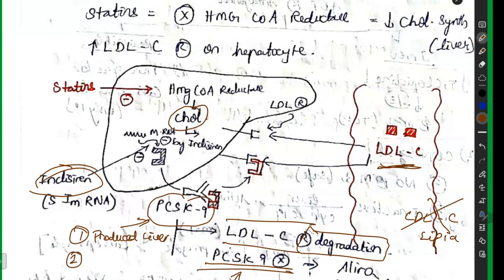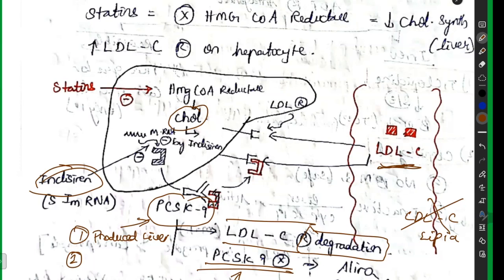LDL is loaded with cholesterol; from all the areas it takes back the remaining lipids and brings them back to the liver through the LDL receptor. PCSK9 is the one that carries back your LDL from your blood into your liver. So that is called PCSK9.